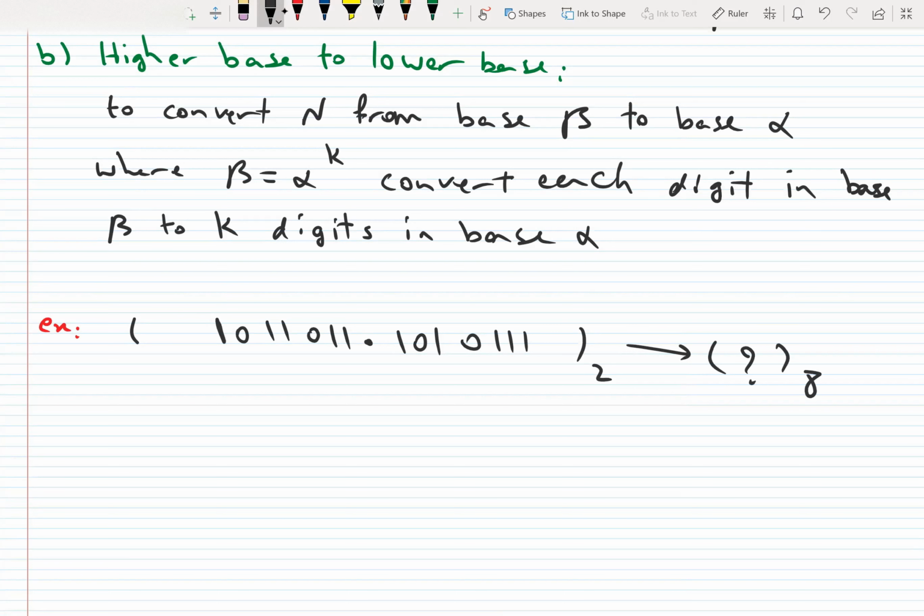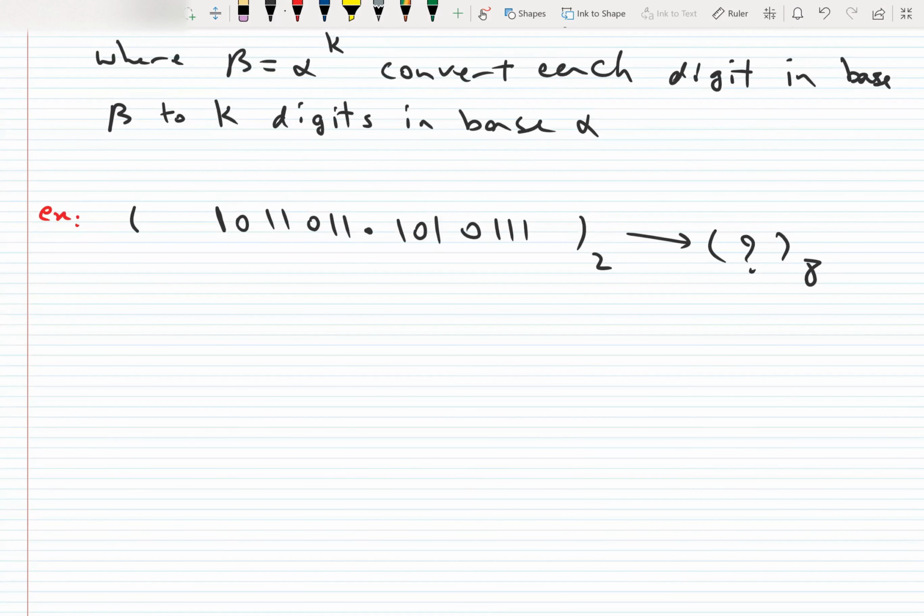Okay, there is a relationship between 2 and 8, because we know that 8 is equal to 2 to the power of 3. So k is 3, beta is 8, and alpha is 2.